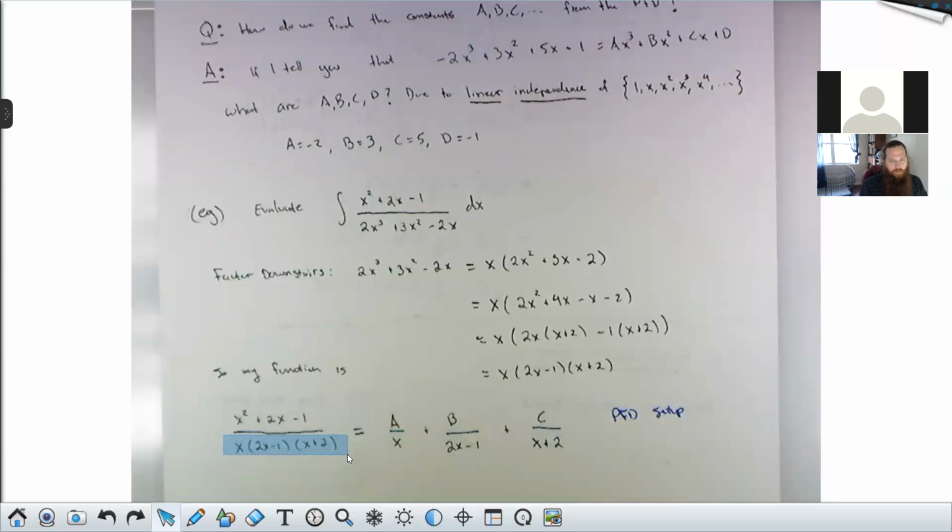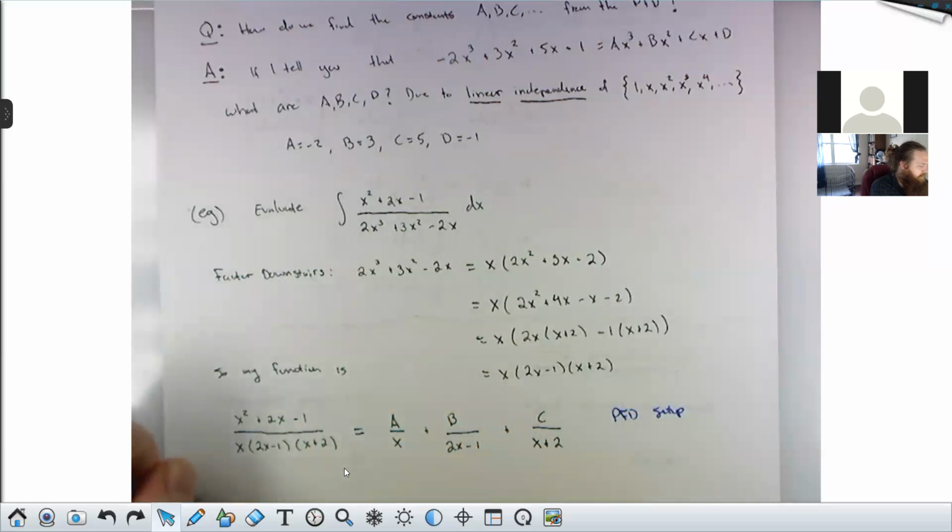Same denominator over here as what you would have with a common denominator over here, if you put them together. So if you want to turn this into a polynomial expression, you need to multiply both sides by x. You also need to multiply both sides by 2x minus 1. You also need to multiply both sides by x plus 2. You're going to multiply both sides of this expression by this whole denominator.